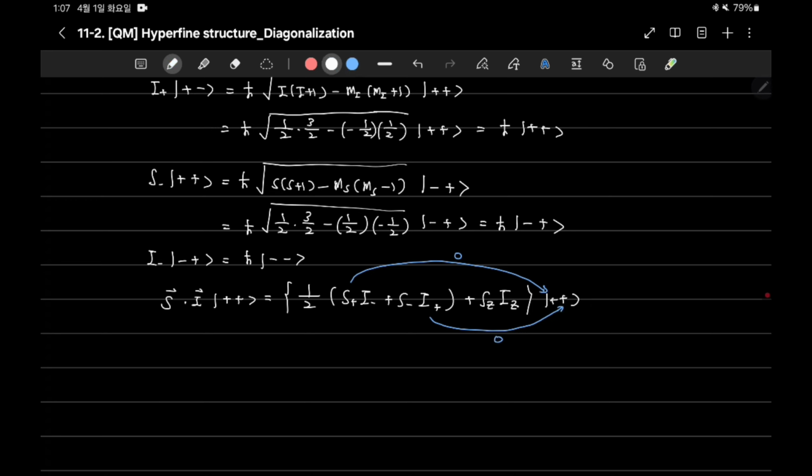So from the above relation, only here, if we apply this i minus and also s minus, then we can write it down as h bar square plus plus.